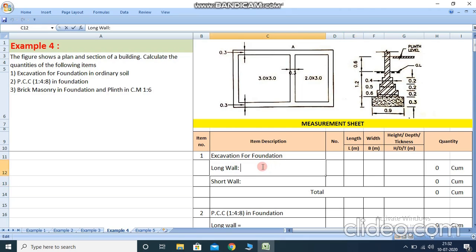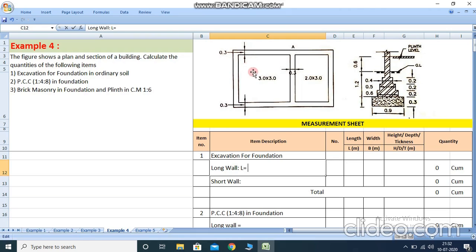Here first we find out the total length of the long wall. So capital L is equal to, see this figure, in the plan we get the exact length, and we also include the thickness of the wall. Here 3 walls are included, 0.3 thickness, 0.3 thickness and 0.3 thickness of the wall.